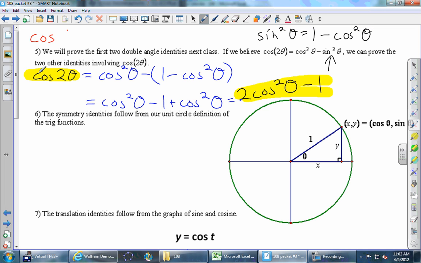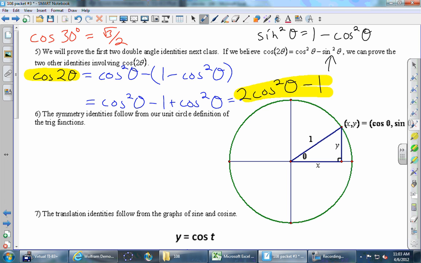How much is that? I think you're allowed to bring the first page of the packet, and you might find all of them on there. How much is cosine of 30? Radical 3 over 2, that's on our unit circle.